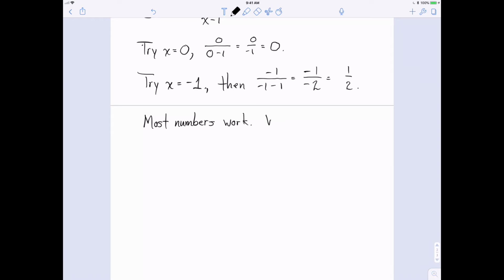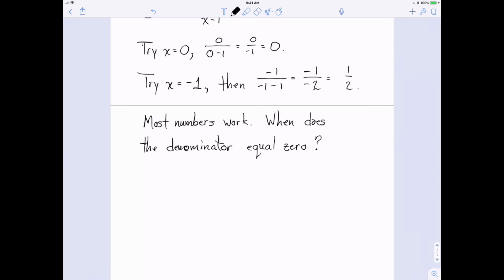So when does the denominator equal 0? It's the answer to that question that we need to find.